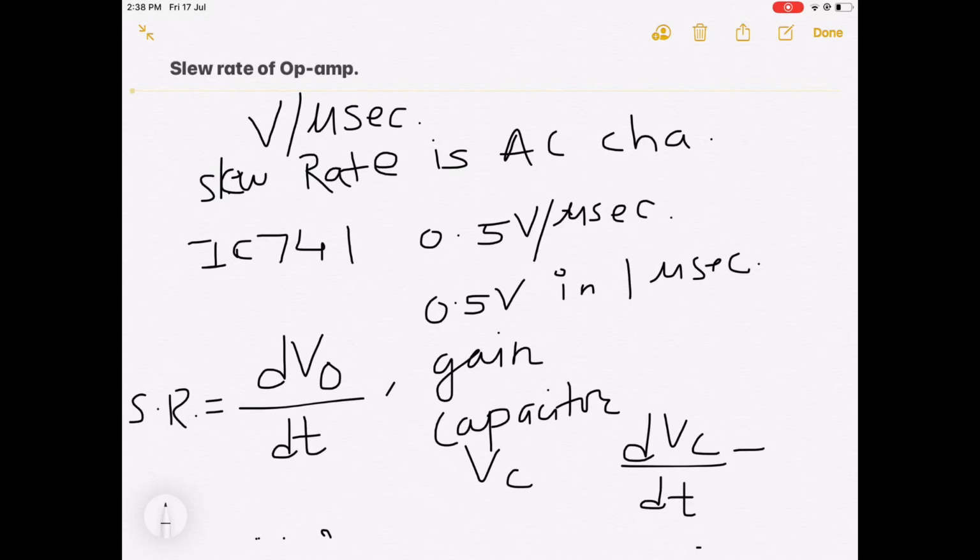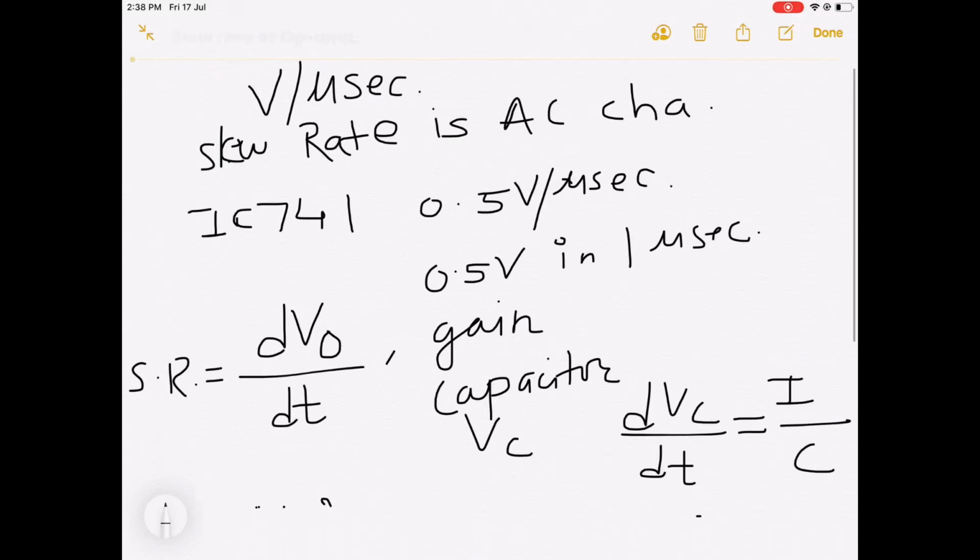It is nothing but I by C, where I is the current furnished by the internal circuit and C is the capacitor value. So this means that op-amp must have either higher current or a small compensation capacitor.